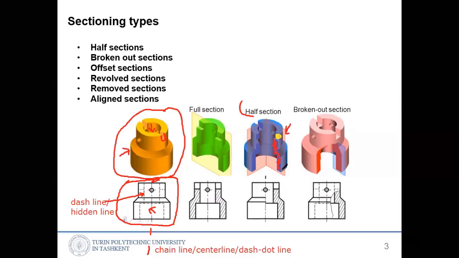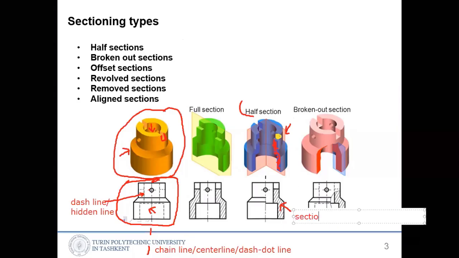The area which is touching the given plane, the sectioning plane, is hatched. We call this one section line. We draw this kind of hatching.